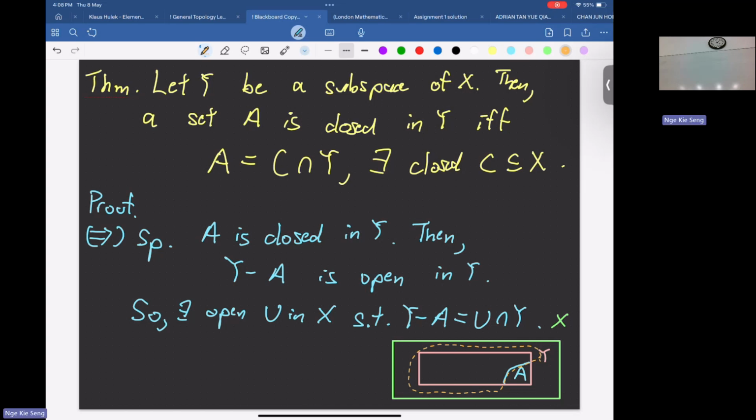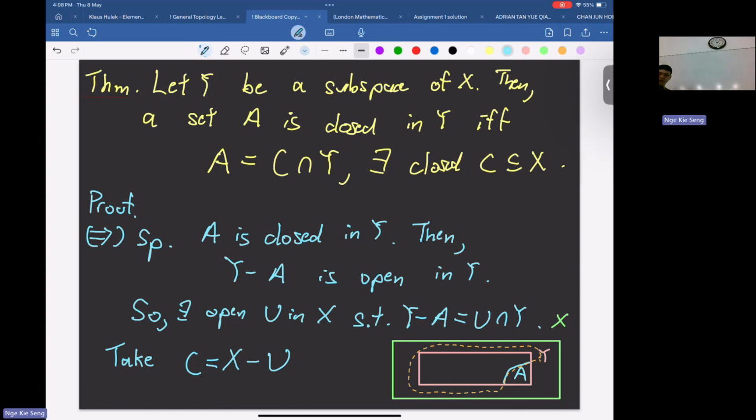The idea, what C you need to take? Everything outside U. Because everything outside U is perfectly a good closed set, first of all, because U is open.